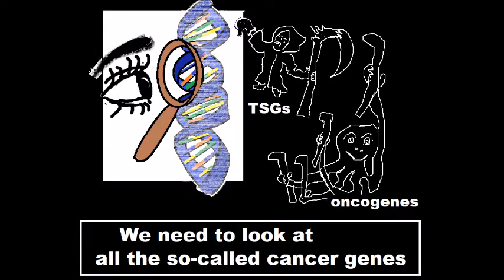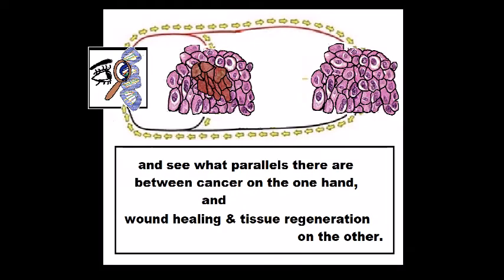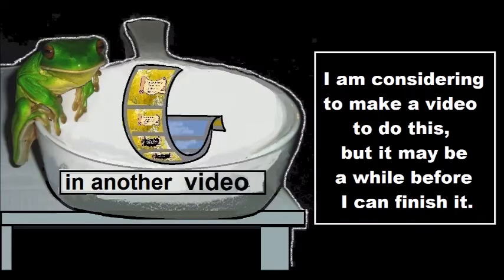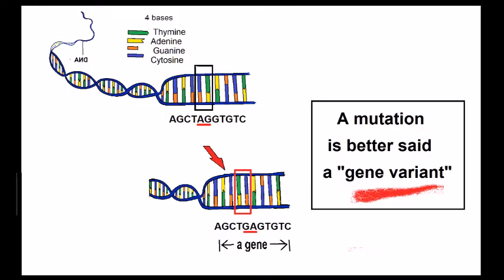We need to look at all the so-called cancer genes and see what parallels there are between cancer on the one hand and wound healing and tissue regeneration on the other. I am considering making a video to do this, but it may be a while before I can finish it. A mutation is better said a gene variant.